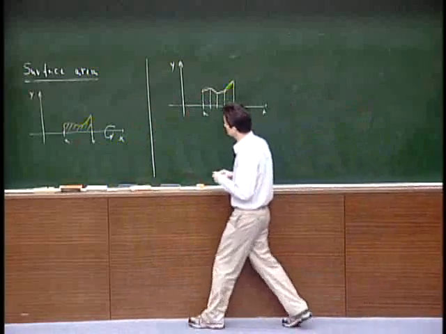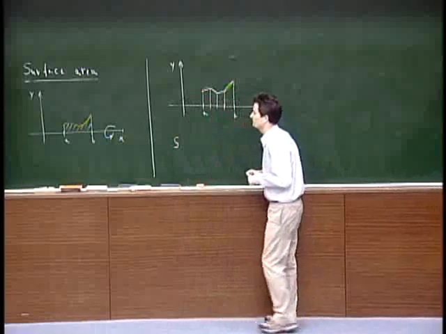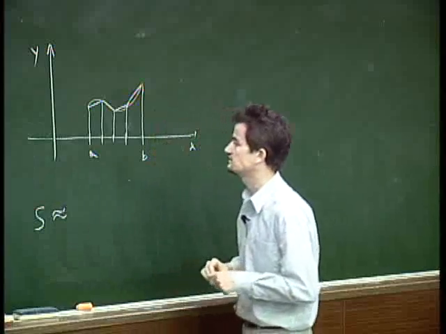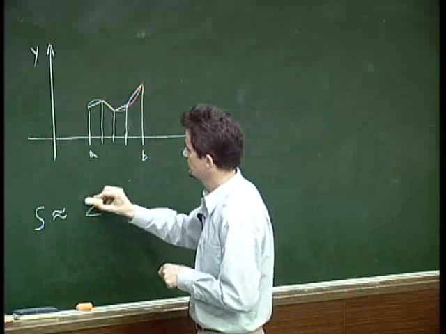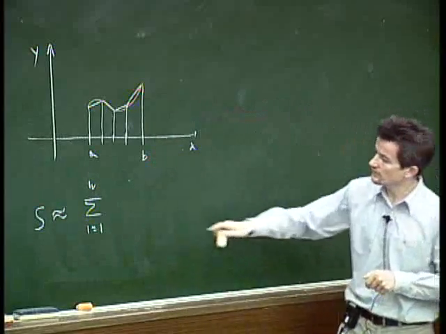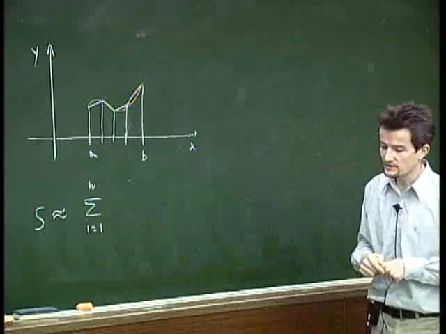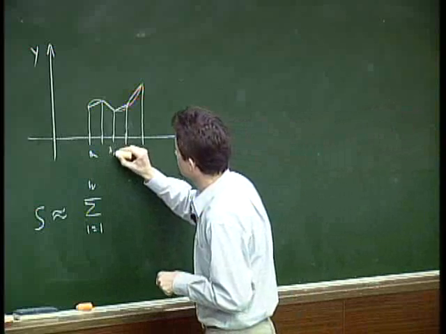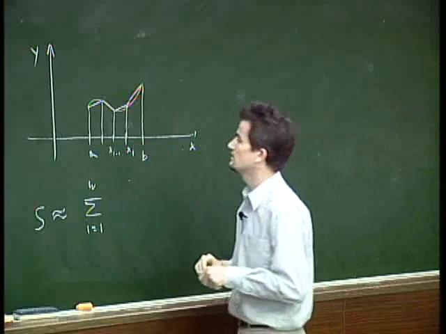Okay, so if we want to define the surface area, we can approximate it as the sum, i from 1 to n. Here we are looking at the i-th interval, x_{i-1}, x_i.